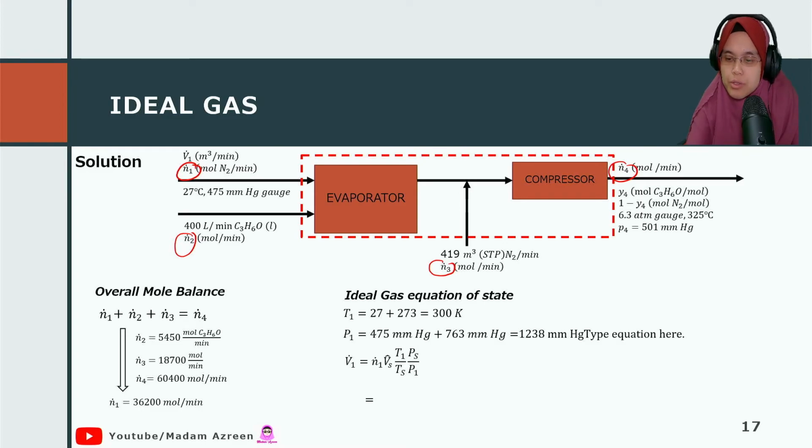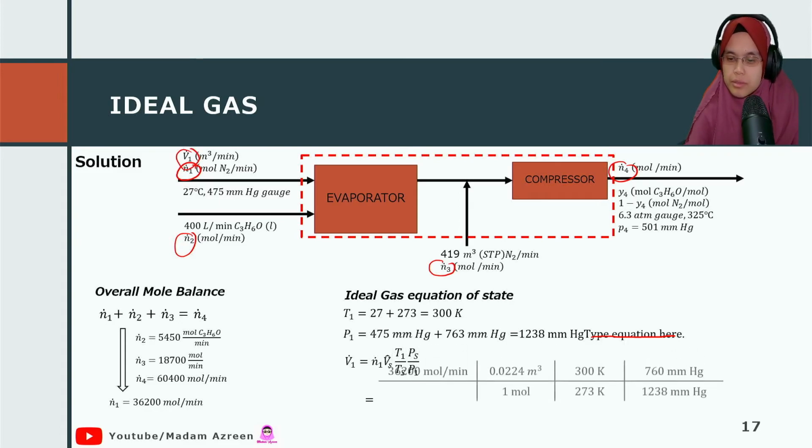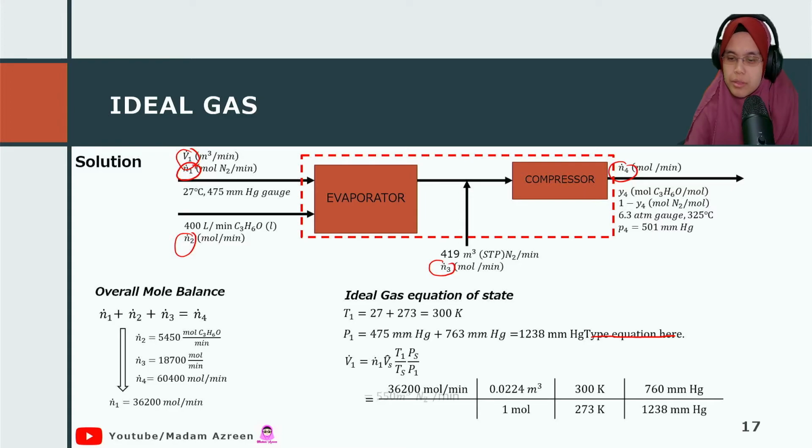Please ignore this typo. And then you can get the volumetric flow rate of this one. So we get how much nitrogen goes into the system.